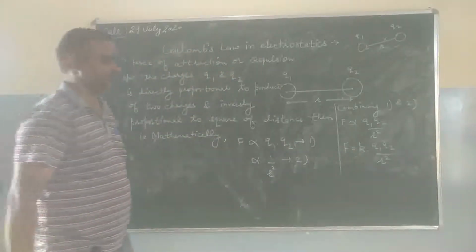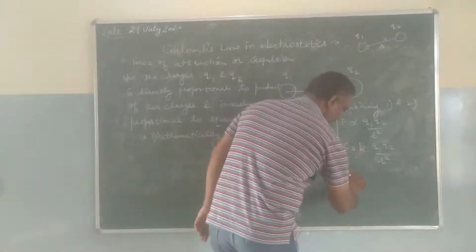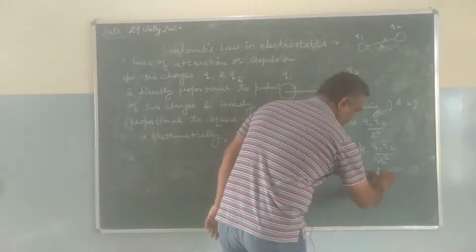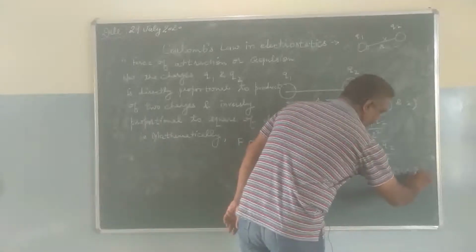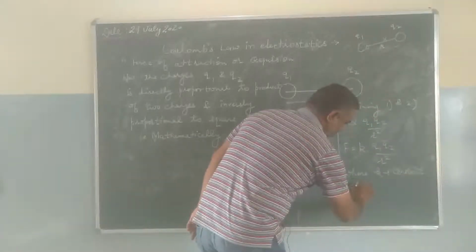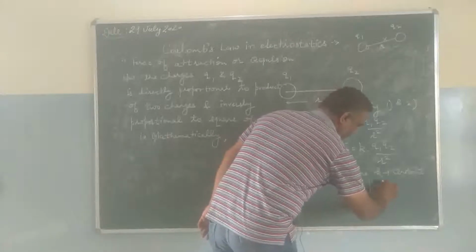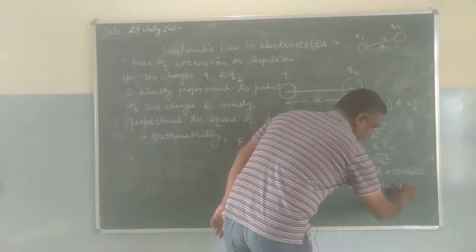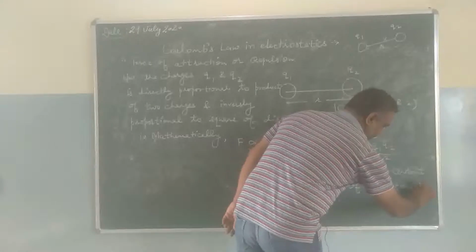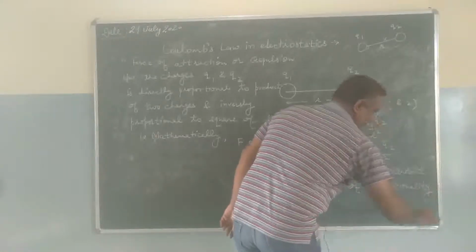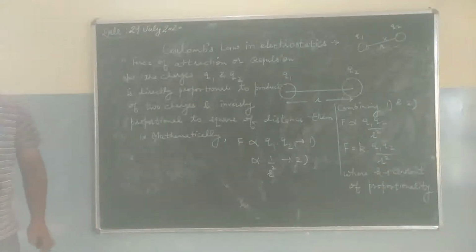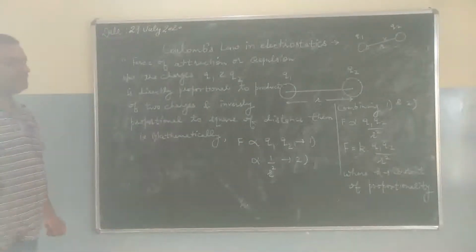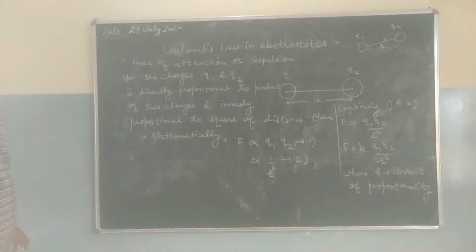Let it be K. F equals K Q1 into Q2 divided by R square, where K is called the constant of proportionality. Is it clear? Note it. Pause and note this first. I think it is clear to all of you.